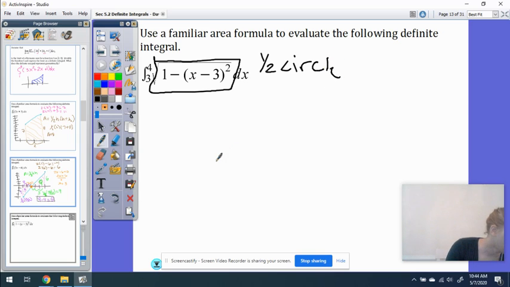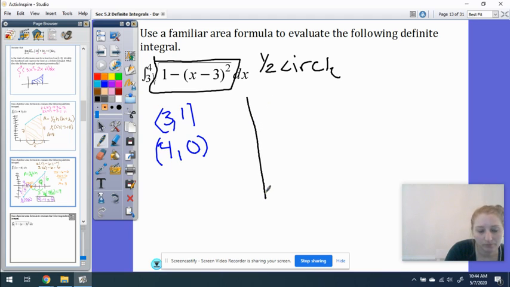Okay, so let's go ahead and plug in our values of 3 and 4. And when I plug in 3, I got 1. And when I plugged in 4, I got 0. Okay, so let's go ahead and graph this. 1, 2, 3, 4.